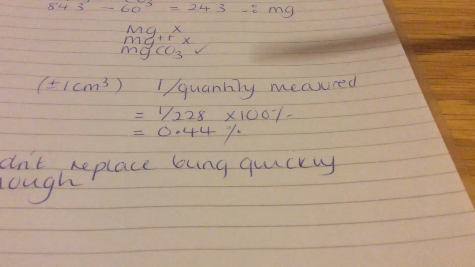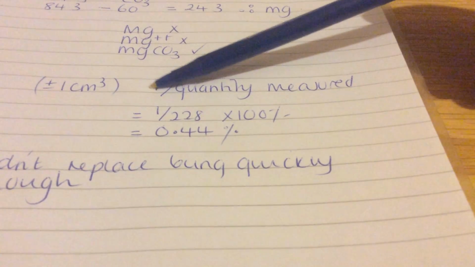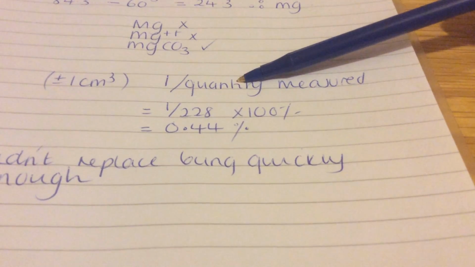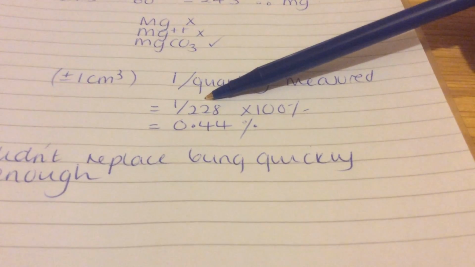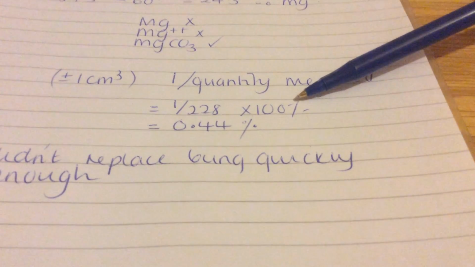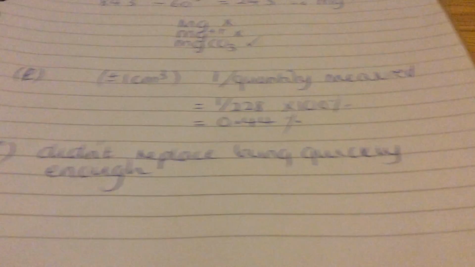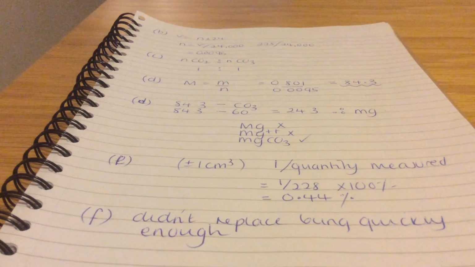And when we're calculating errors, it's the actual value that's stated as the error, so in this case 1, divided by the quantity that you've measured, which we looked at earlier was 228 centimetres cubed, and then multiply by 100 to convert it into a percentage. This gives us 0.44%. If you rounded on this occasion, then that was fine. They did allow you to have the mark.